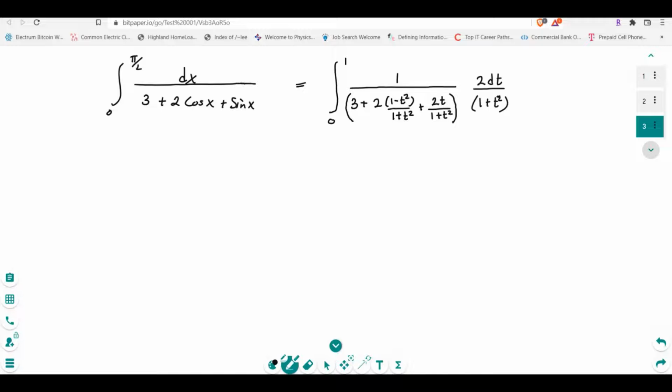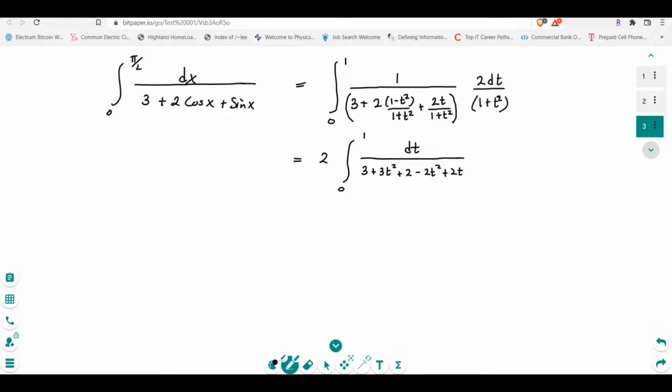So if we simplify this, I'm going to start from here. I have a 2 there, which is a constant, so I'm going to take it outside the integral, 0 to 1. I have dt, and then in the denominator, I have 3 plus 3t squared plus 2 minus 2t squared plus 2t.